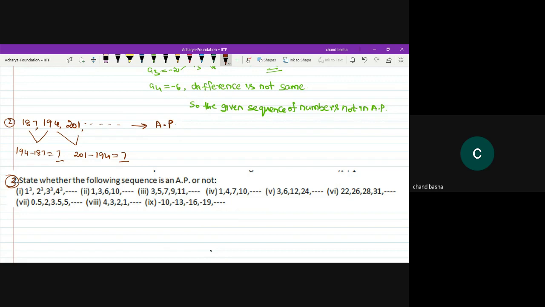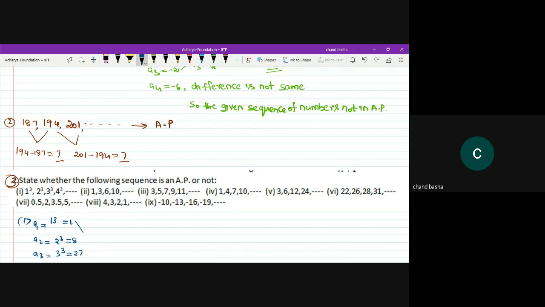Problem number 1. The first sequence of numbers: 1 cube is equal to 1, which is considered as A1. A2 is equal to 2 cube, which is 8. A3 is equal to 3 cube, which is 27.